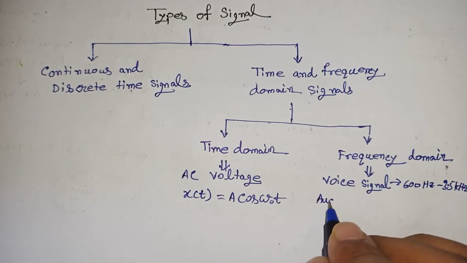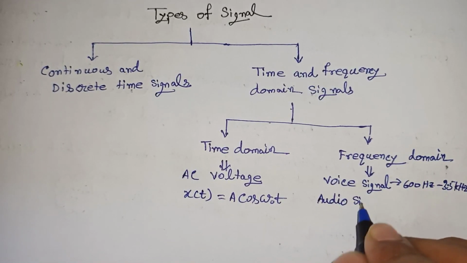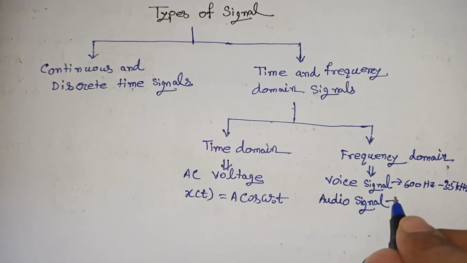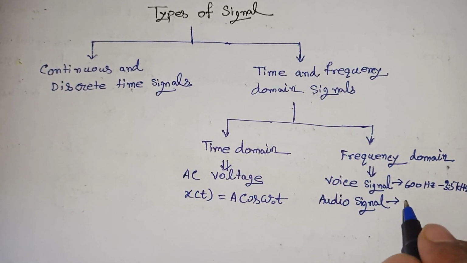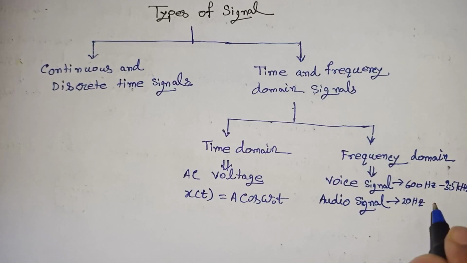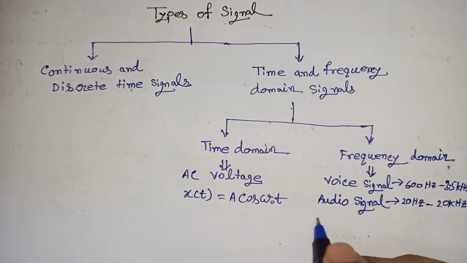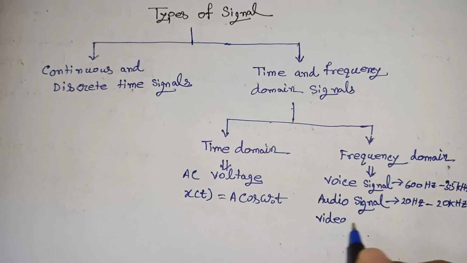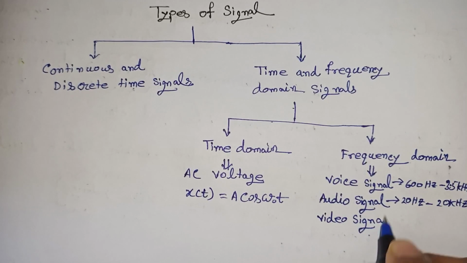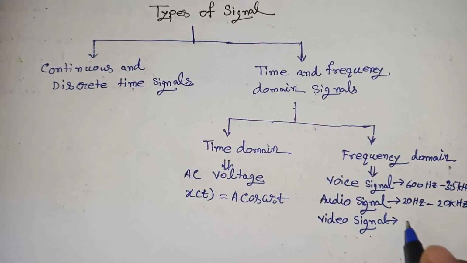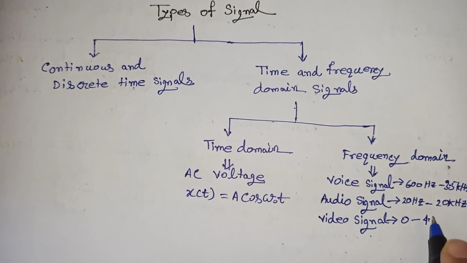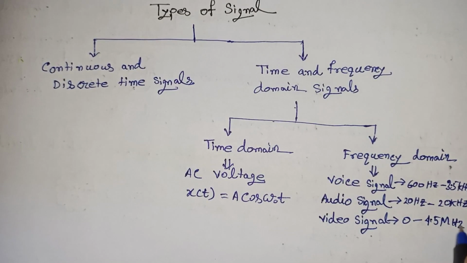Audio signal 20 Hz to 20 kilohertz. Video signal 0 to 4.5 megahertz.